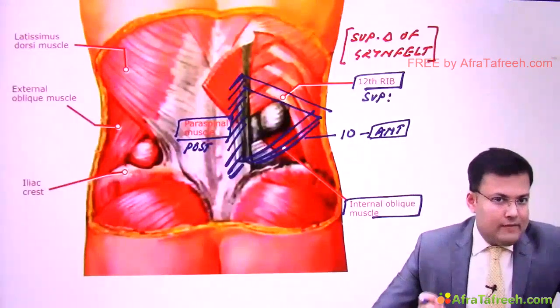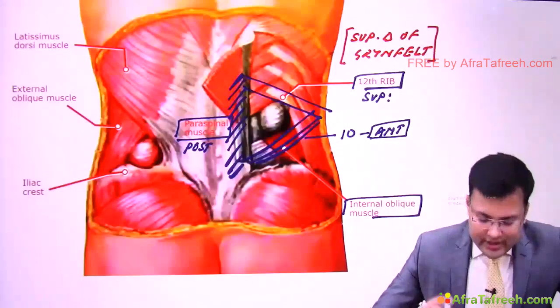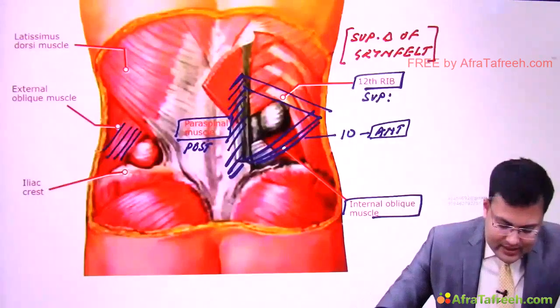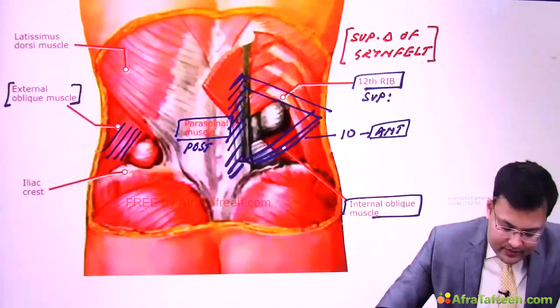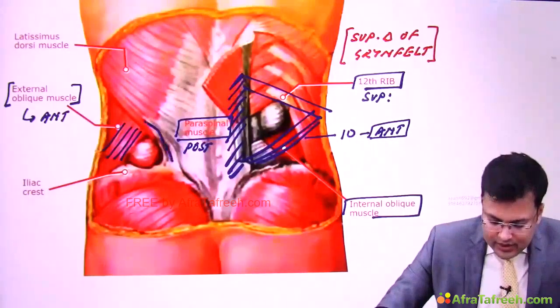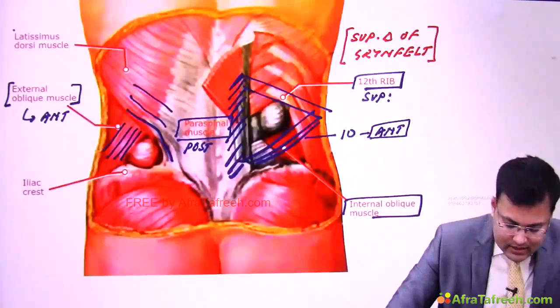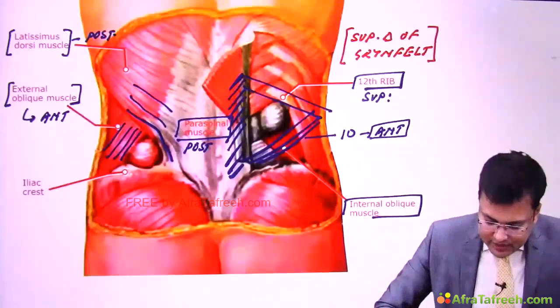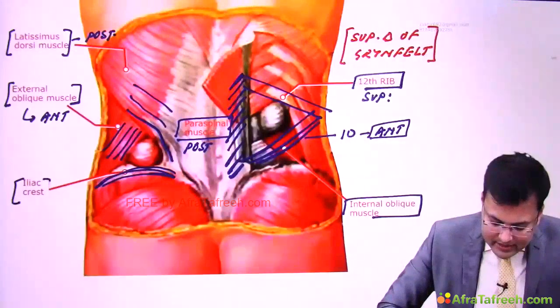Now coming to the inferior triangle of Petit. Here you can see anteriorly there is the external oblique, and posteriorly there is a large muscle. What's the name? Latissimus dorsi. And inferiorly, this is the iliac crest.